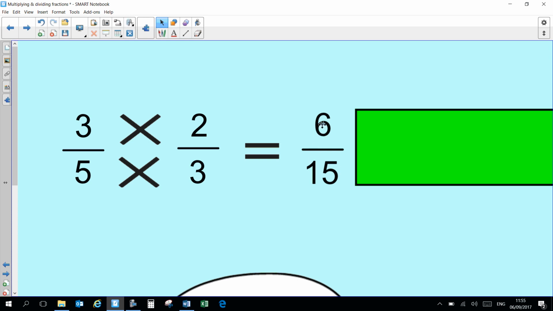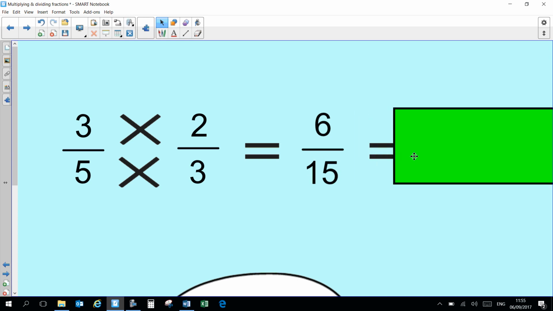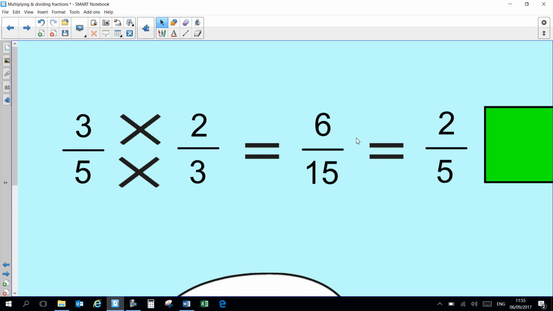So a factor that is common to 6 and 15. 1 will go into both of them, but we don't use that because that won't change anything. 2 will go into 6, but clearly it won't go into 15 because 15 is an odd number. What about 3? 3 goes into 6 twice. And 3 goes into 15 as well. So we can use that. So divide through, and that just simplifies it.